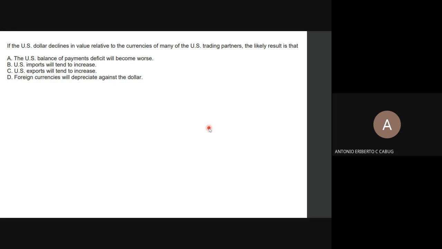Okay, last one. If the US dollar declines in value relative to the currencies of many of the trading partners, what will be the likely result?